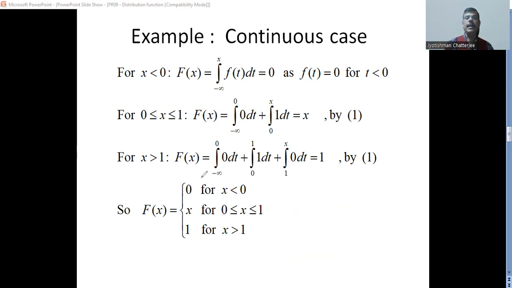And finally, combining these three things together, we get the final form of the function capital F. Capital F of x equals 0 when small x is less than 0. Small x when it is in the range 0 to 1, and for x greater than 1, it is equal to 1.